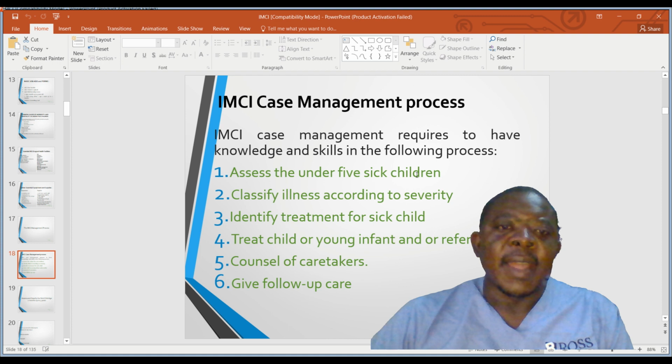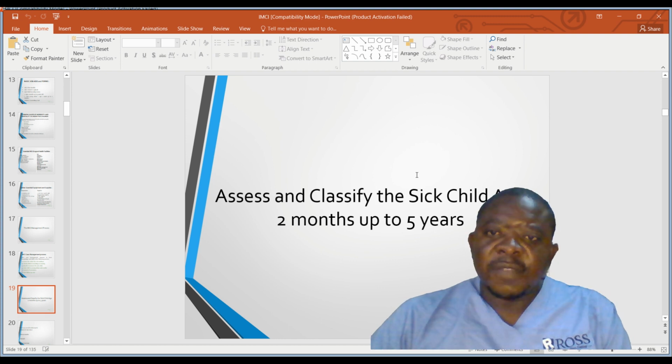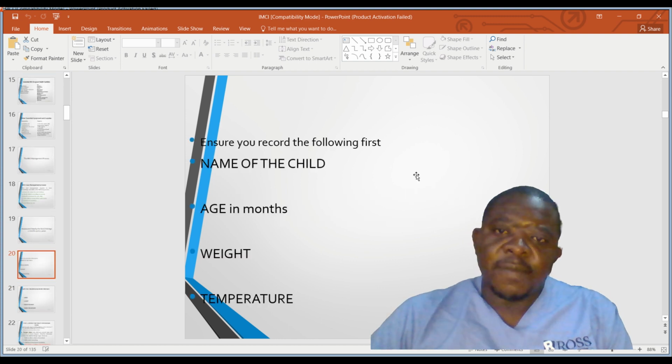Number 5, counseling. It requires knowledge of counseling so that the caretaker is given the knowledge that is needed. Then number 6, follow-up. This requires the assessments that can be done when the child comes for follow-up and other things that can follow. So, assess and classify the sick child aged 2 months up to 5 years.